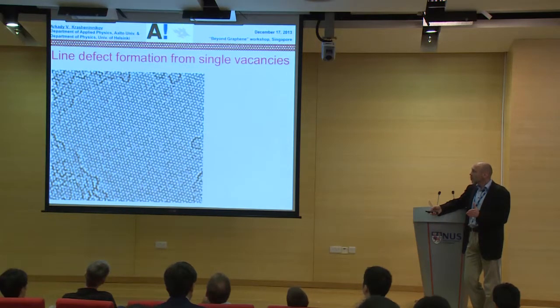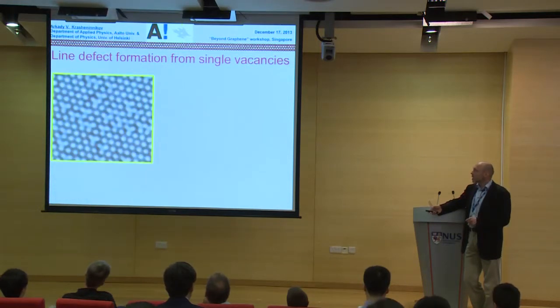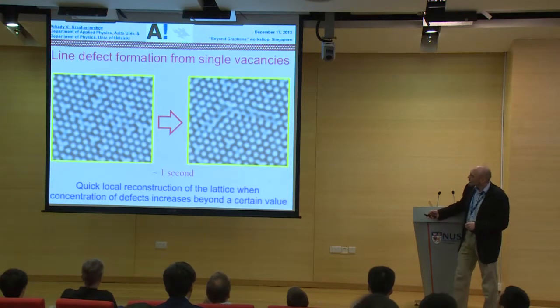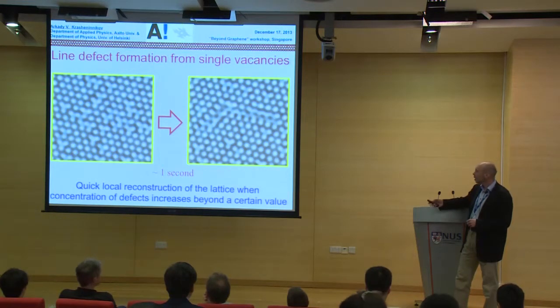Now the question is, what's the mechanism of this line formation? So let's take a blow up of one of the slides, and this is the slide from the movie after 1 second. We clearly see that in the upper part of the image, the vacancies collapsed into line defects, while in the lower part of the image, the vacancy is the same as in this and that configuration.